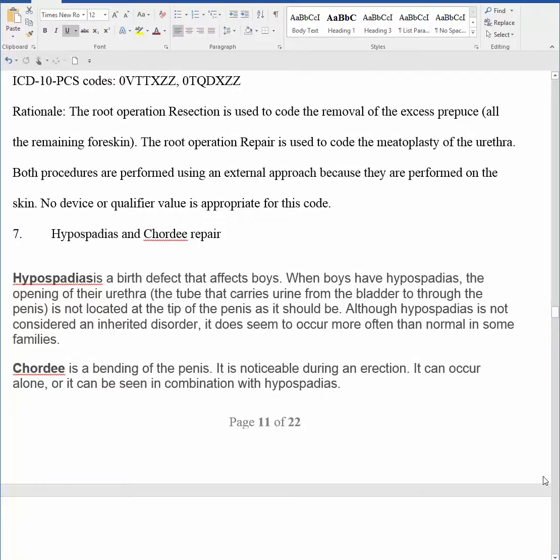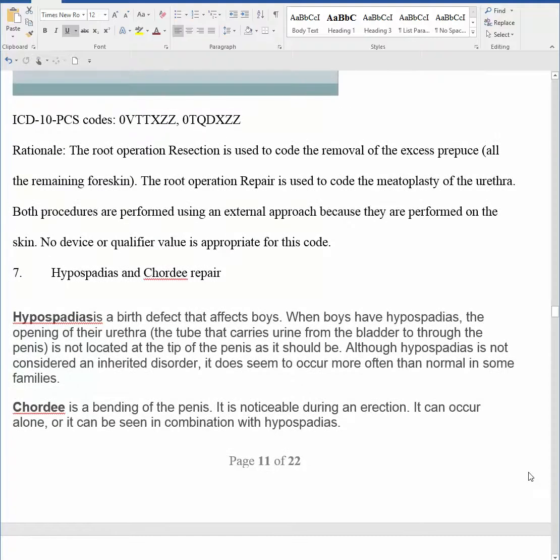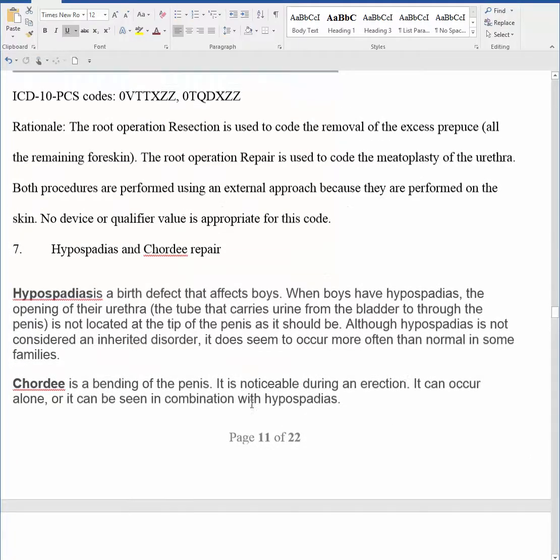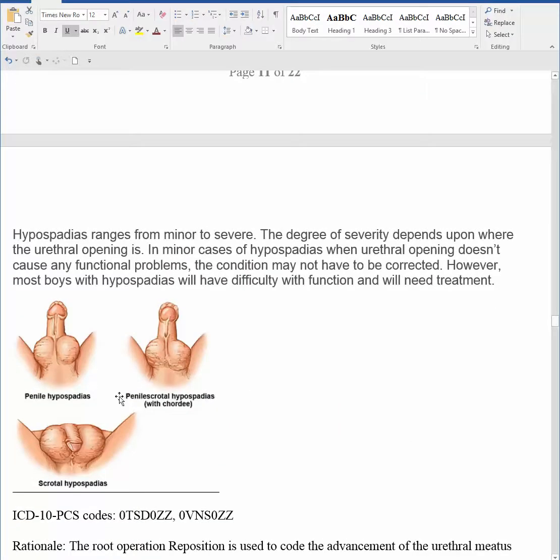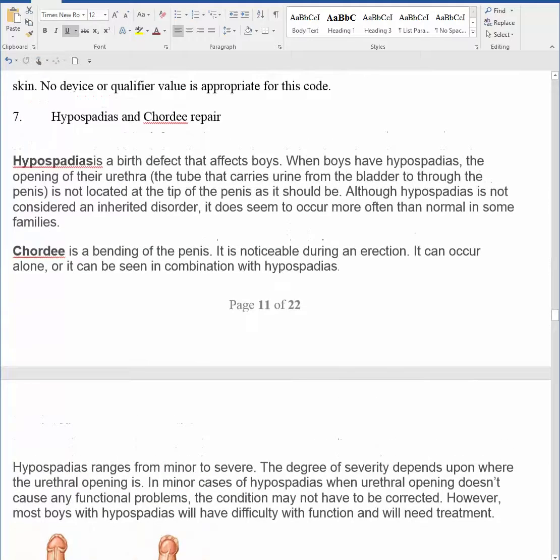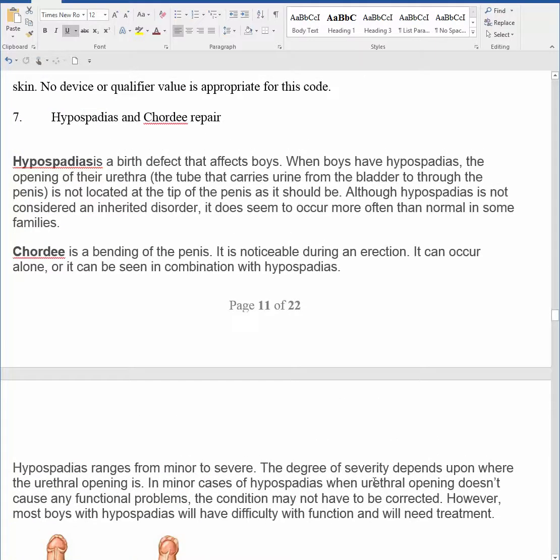Number 7 is an 8-month-old male child who has hypospadias and chordee repair. Just so you understand what that means, this is a picture here. It is a birth defect where the opening of the urethra is not in the right location.